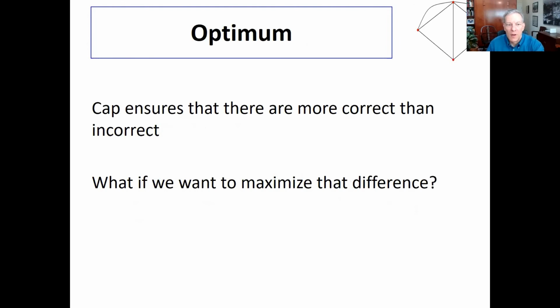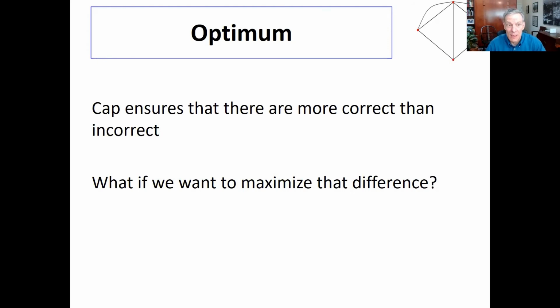Okay, last question here then. The cap ensures that there are more correct than incorrect messages. And what if we want to maximize the difference? The cap just made sure that this was the distance at which messages are still more likely to be true than false. But in fact, that doesn't maximize the probability that they're true rather than false.